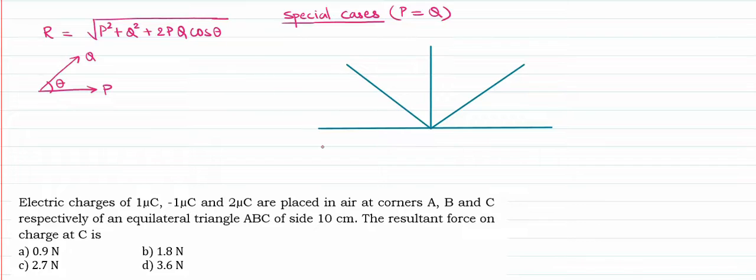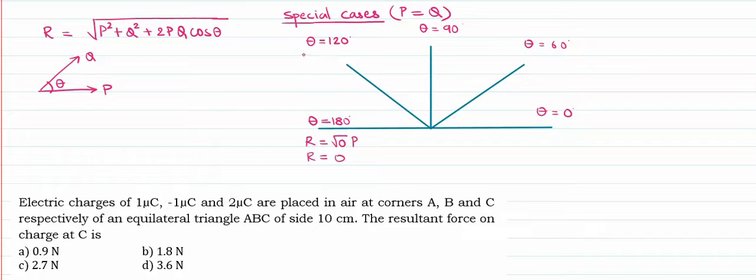You can remember this very easily. Here theta is equal to 180, 120, 90, 60, and 0. Now from 180 I will start. If theta is 180 and P is equal to Q, then R will be root of 0 into P, or R is equal to 0.